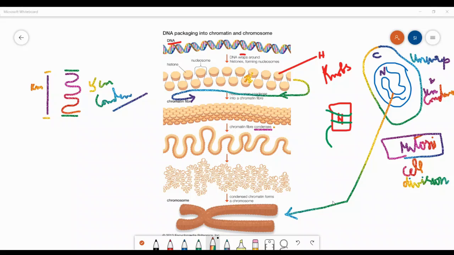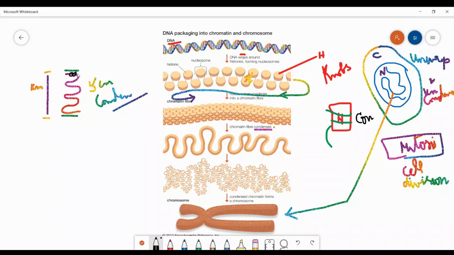So not only is there condensation, it is wrapped, and during the time of wrapping there is already some condensation happening here, and so there is double condensation. So this is a histone, it is wound.